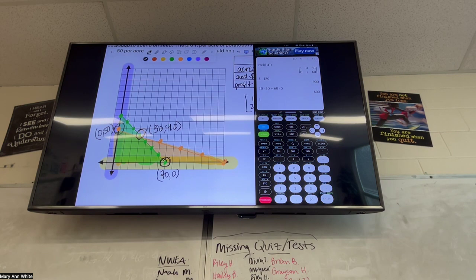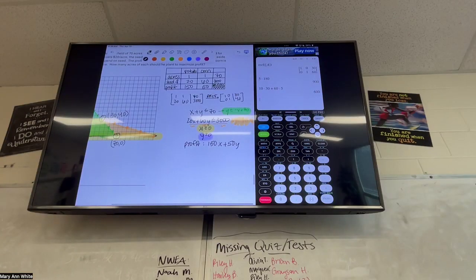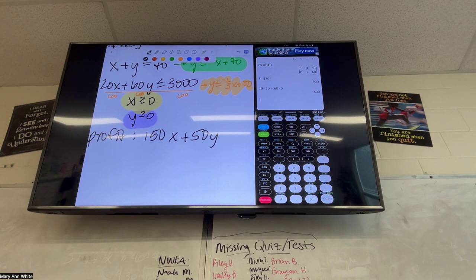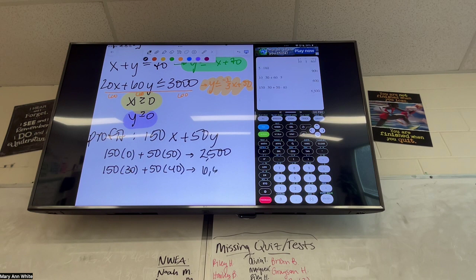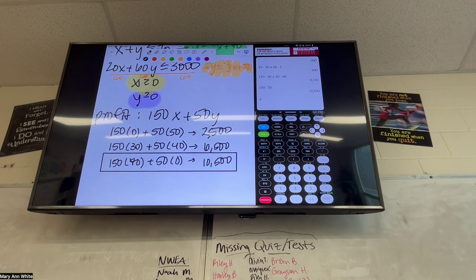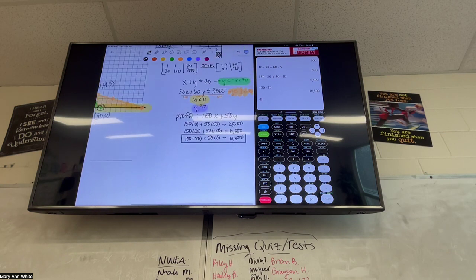Is it 30 potato, 40 corn, or is it 70 potato, 0 corn? This one's kind of a different example where it's not the answer we got from the matrix.